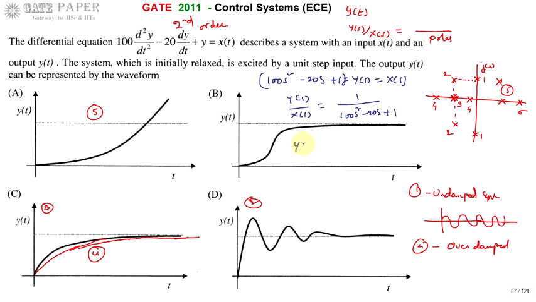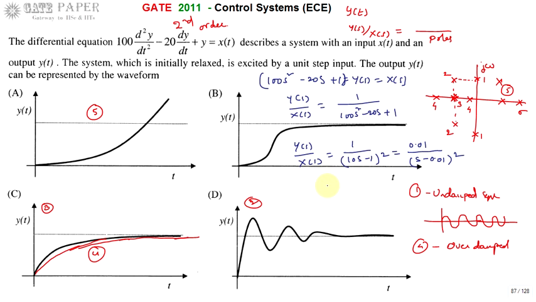This can finally be written as 1 divided by (10s minus 1) whole square. If you take the 10 common, 10 square is 100, and 1 by 100 is 0.01, so it becomes 0.01 divided by (s minus 0.01) whole square.